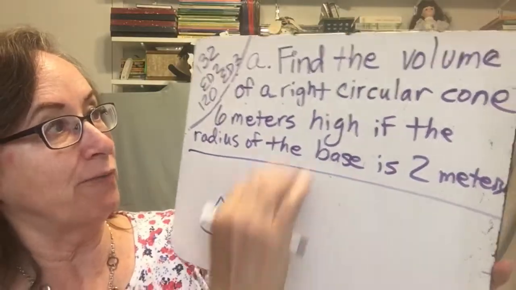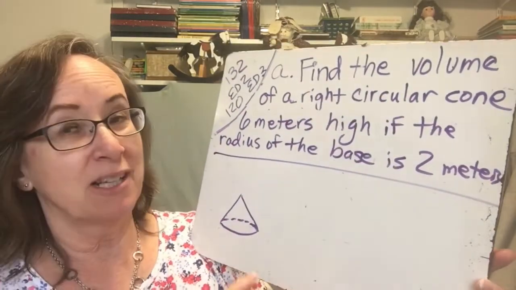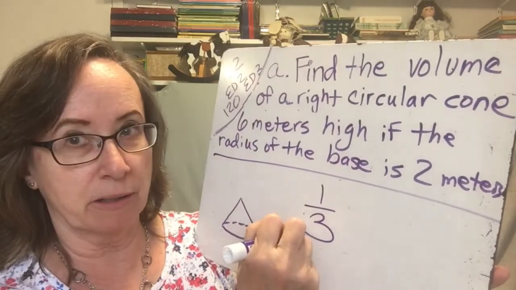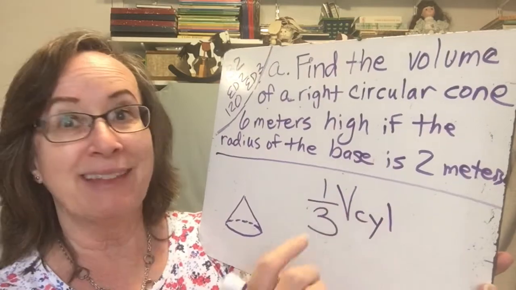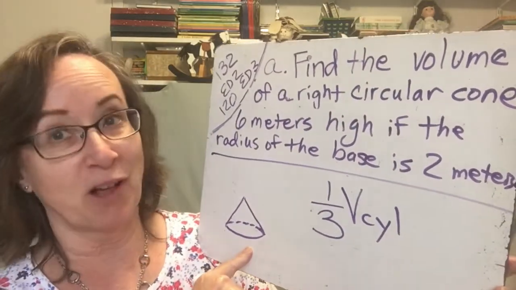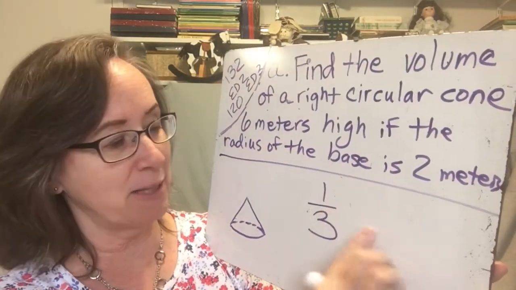Okay, so now find the volume of a right circular cone. The volume of a right circular cone is 1/3 the volume of the cylinder that encloses the right circular cone. So the volume of a cylinder is area of the base times the height.